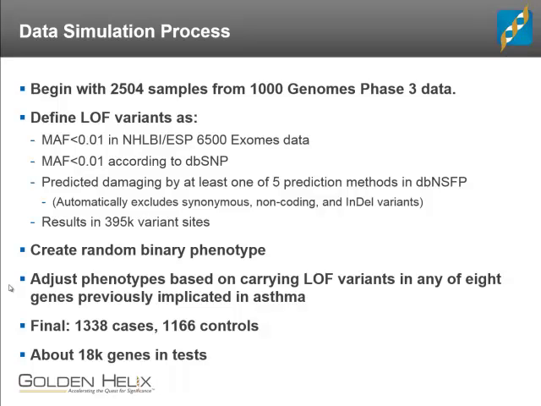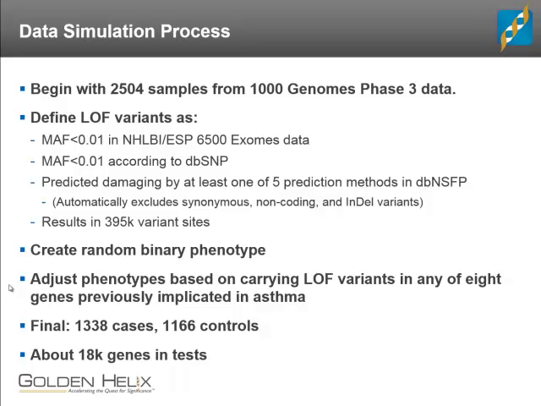What we did essentially was to create a simple definition of what a loss of function variant would look like. It would be, in this case, a rare variant predicted to be damaging by at least one of 5 predictive algorithms. There are 395,000 such variants scattered through the Phase 3 data.